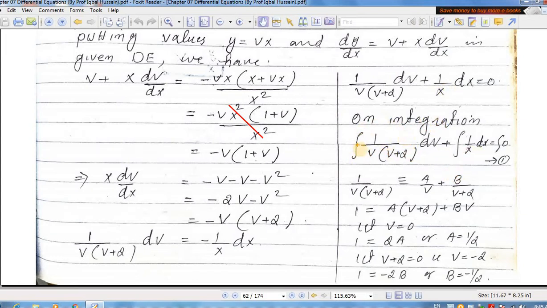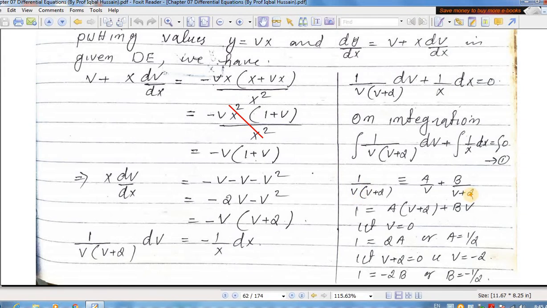Now we will find the value of this by partial fractions, and the integral of 1 over x is log x, the integral of 0 is equal to c. So on the next page we will put the value of this thing, the value of this will be log x, this will be c. So solve this first integral by the partial fraction method.